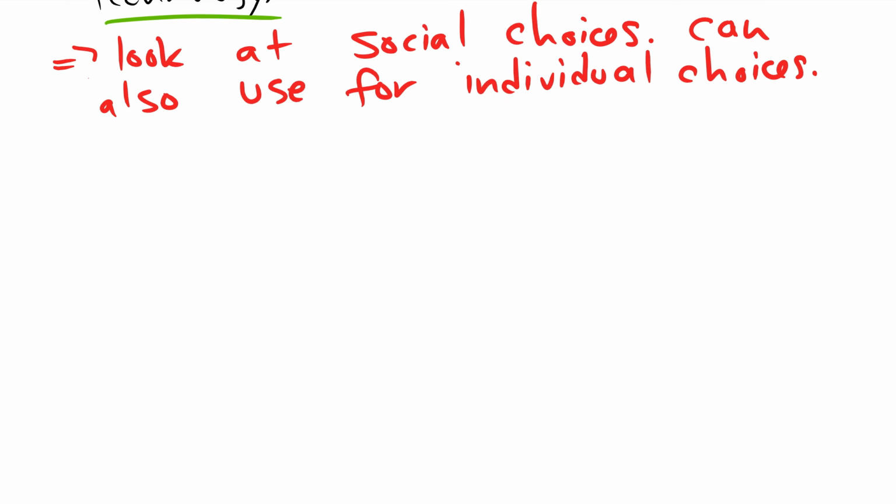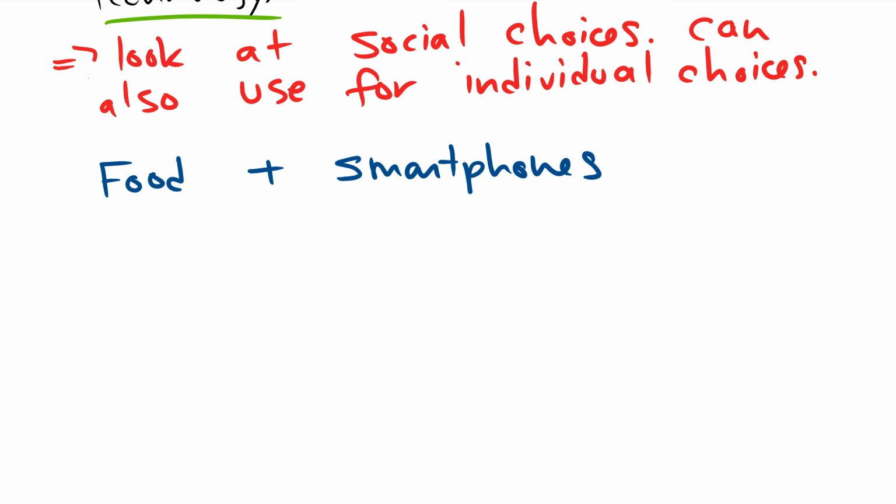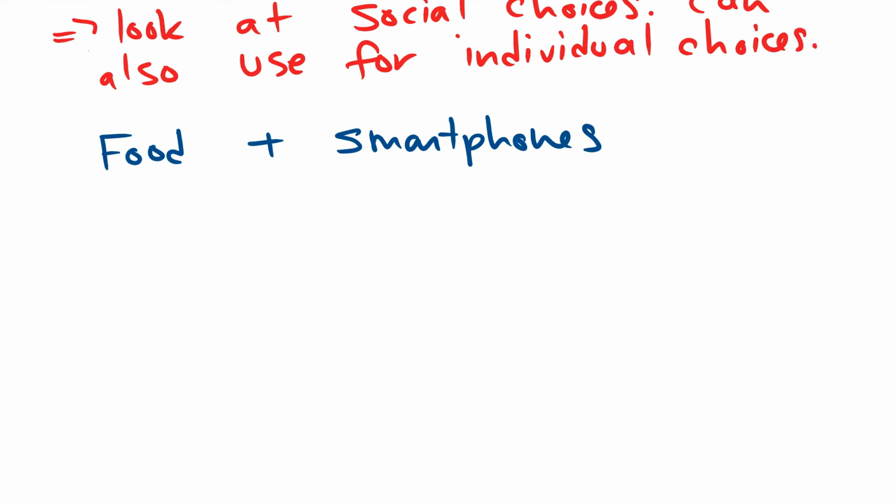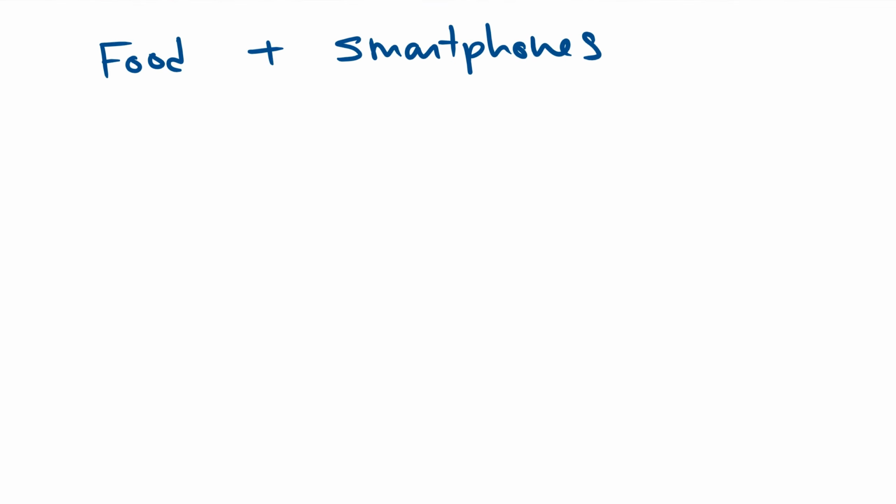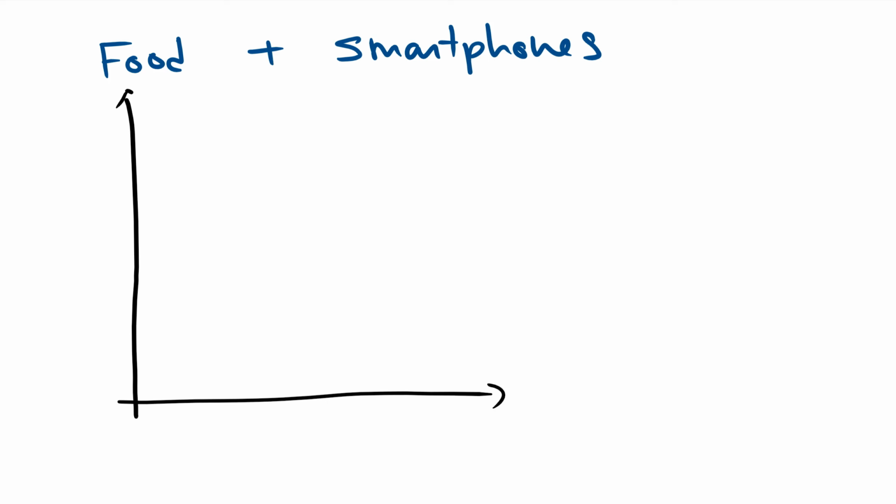Okay, so we'll go ahead and get our idea. Let's just take two goods, just to pick randomly. We could say we have food and smartphones. So our society has food and smartphones as our two goods, right? We have two things we can produce with our resources, so we're going to model this.